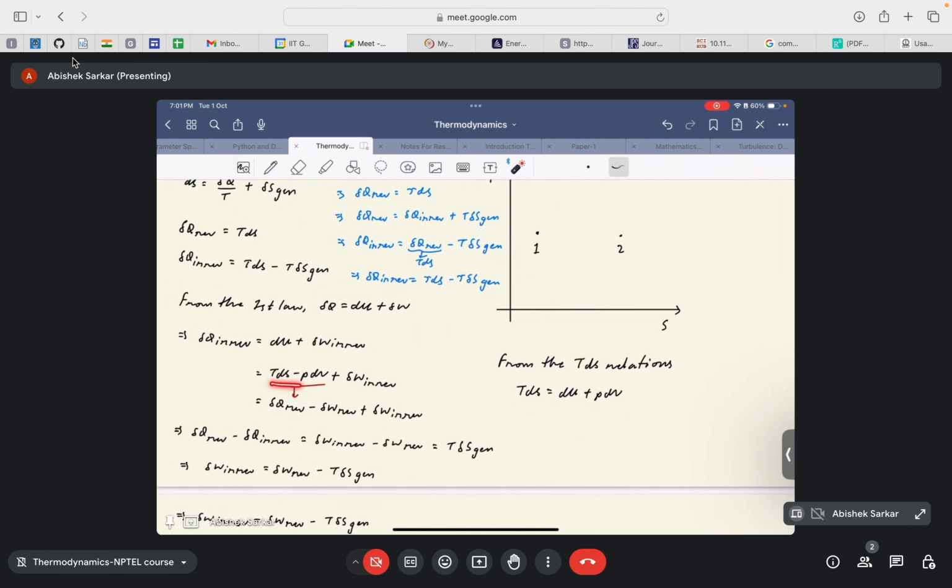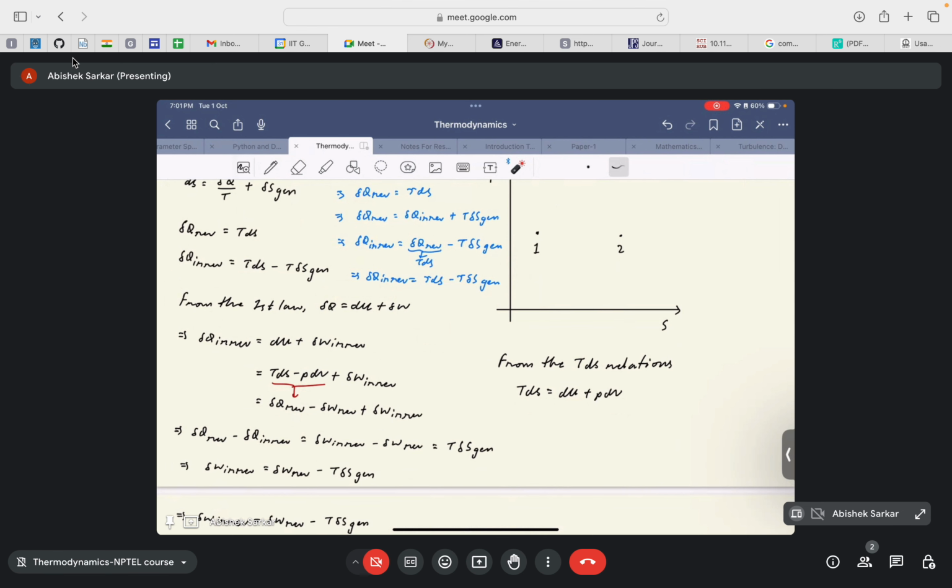So we substitute it here, and we have delta Q irreversible is equal to TdS minus PdV plus delta W irreversible. Okay, and TdS minus PdV is equal to delta Q reversible minus delta W reversible, right?